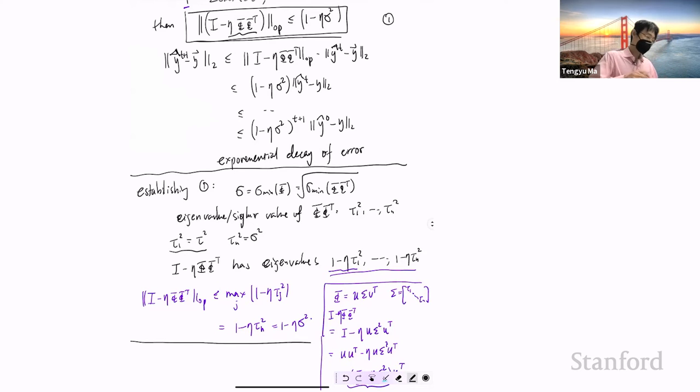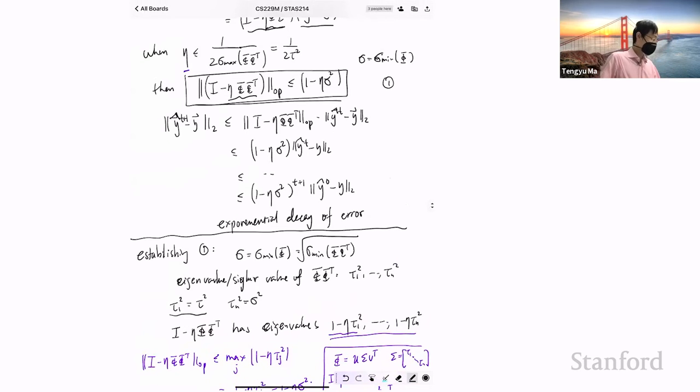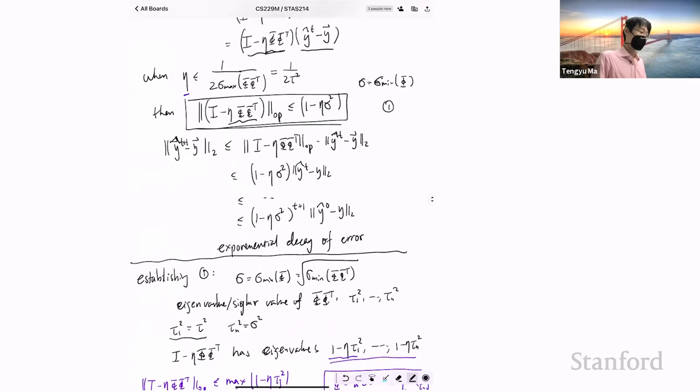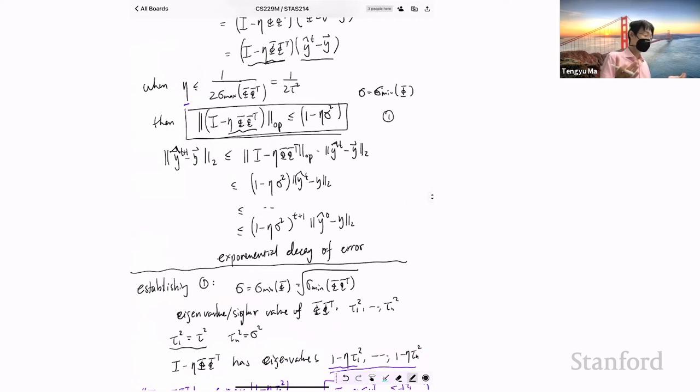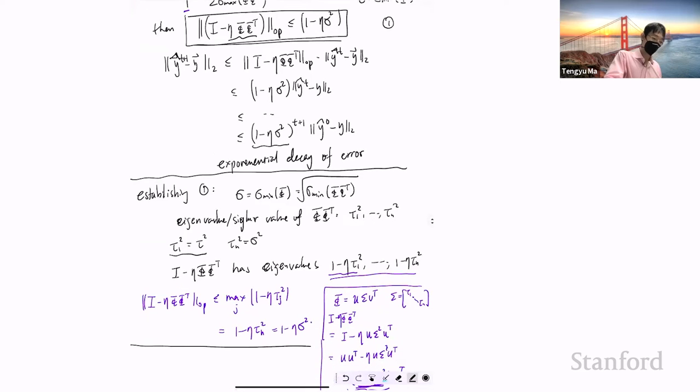Right. So basically, we are done with the analysis of this linear regression. After you have this, you know that your error is decaying exponentially fast, and then after a sufficient number of iterations, your error is small. So maybe let's call this 2.